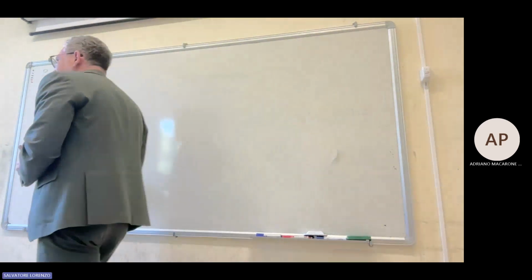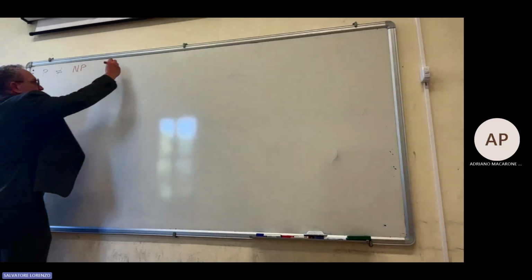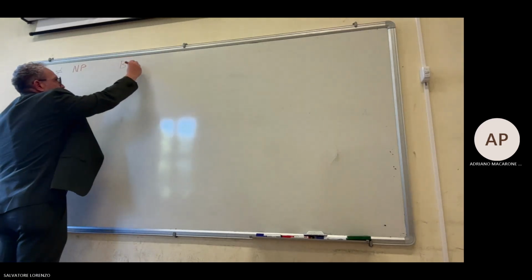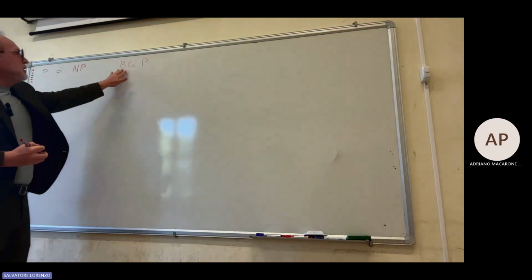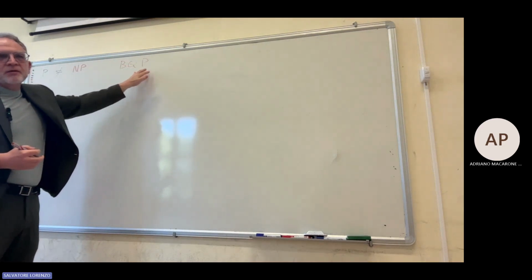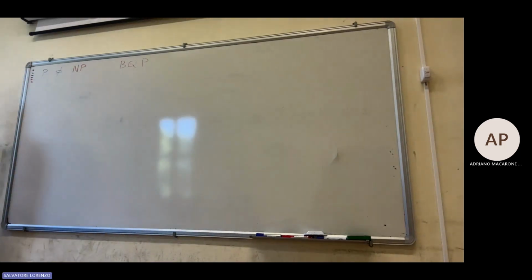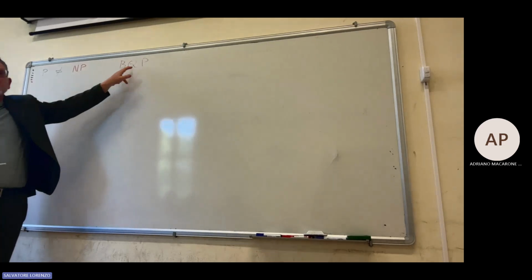Okay, joking apart. Now there is another class of problems that are interesting for us. That is the BQP problem, where BQP is bounded-error quantum polynomial. So there are quantum algorithms that are able to solve a problem in polynomial time with a bounded error.